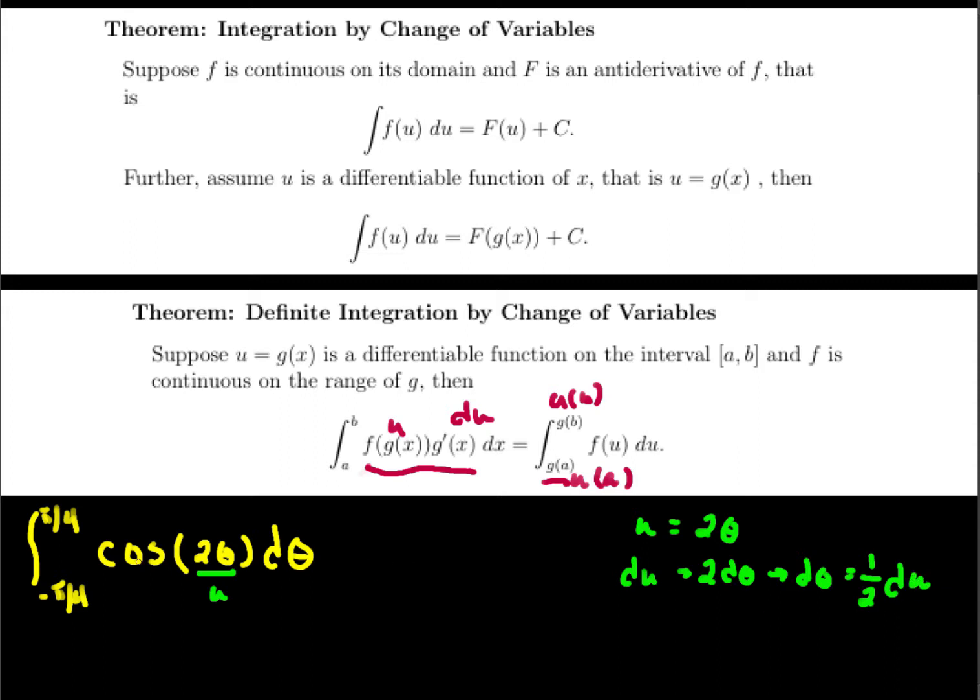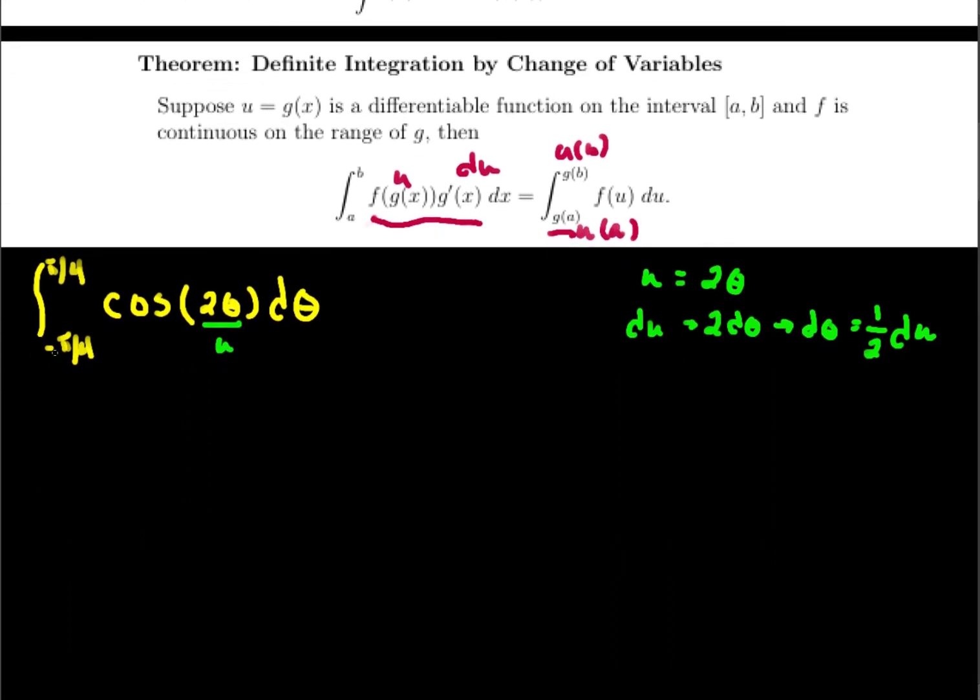So that takes care of my u substitutions, but I need to take care of my bounds as well. So I need to know what my new upper and lower bounds are. So the lower bound will be given by u of, well, I evaluate it at this lower bound, negative pi over 4. But what is u?